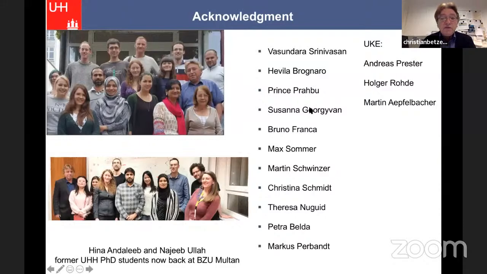I use this picture because it's an old group picture without masks, just before Corona. Madhya Benish from Pakistan is here. Maybe Malik is in the audience. He was a welcome visitor and colleague in our group. And here, Hina and Najib just obtained their PhD, and they are co-authors of all papers on Corona, and they just went back to their home university in Malta.